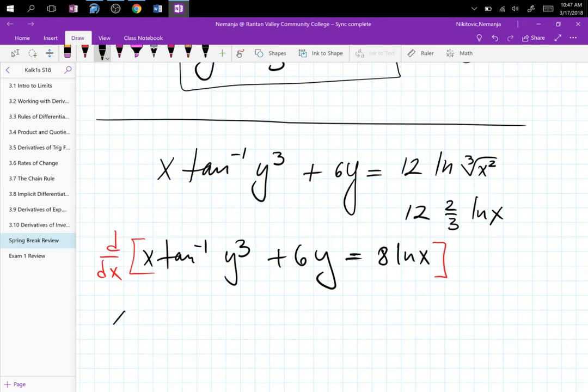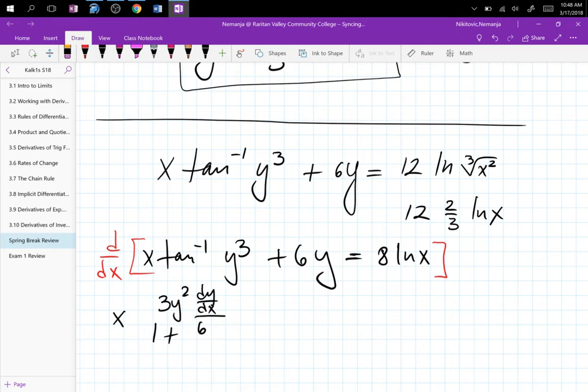So copy the first, that's x, and then take the derivative of inverse tangent. Well, that's not a problem, right? We know it's 1 plus, and then this is going to be y to the 6 because you have to square the argument. And then you take the derivative of the argument, which is 3y squared, and then you need dy dx there because you took the derivative of y.